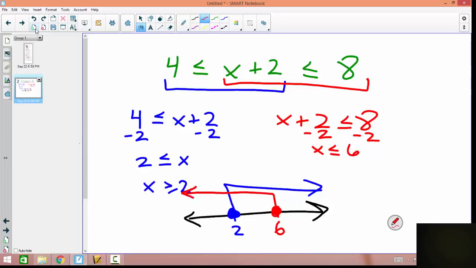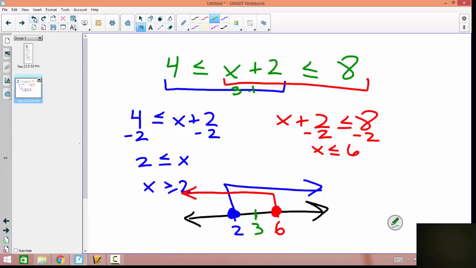So now we need to figure out if this solution is an "and," which means that the only solution would be right here, or if it's an "or," which means it would be all solutions. So we're going to test that by plugging in numbers and seeing if they work. So any number in here should work for sure, but we'll just plug it in to test because it's super fun too.